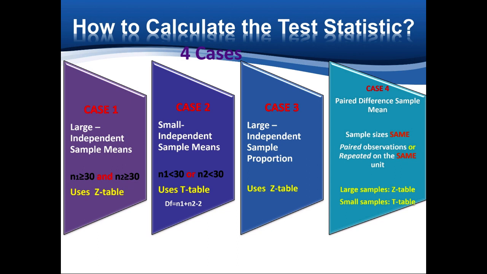And case 3, large independent sample proportion case, where we use z-table. We have one more case, case 4, paired difference sample mean, in which the sample size is the same for two groups, and either paired observation or repeated on the same unit. We will see this case later.